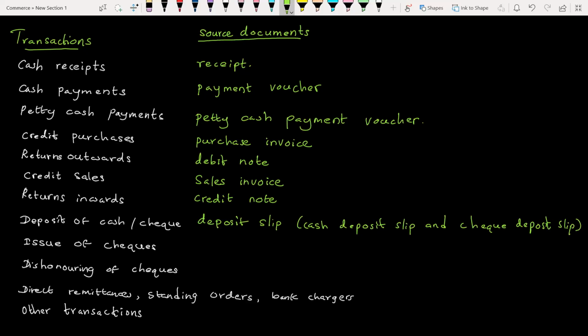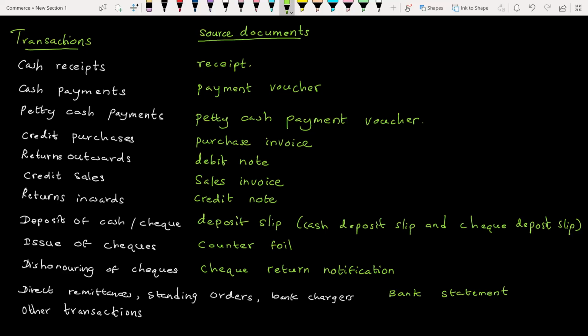For this we use counterfoil. And dishonoring of checks, the source document is check return notification. Then direct remittances, standing orders, and bank charges. For these transactions, we can use bank statement as the source document.